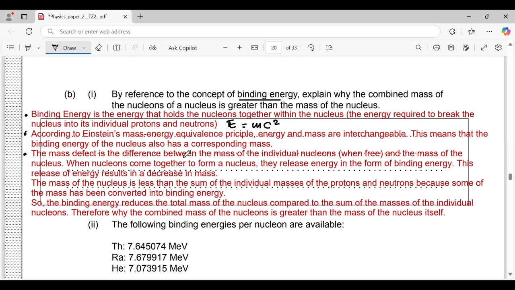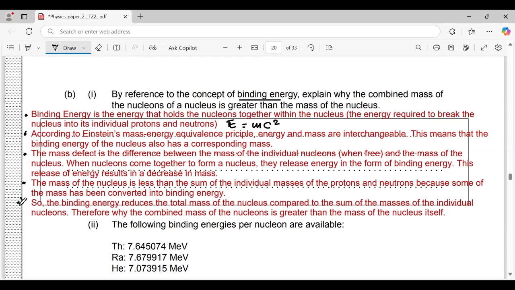When nucleons come together to form a nucleus, they release energy in the form of binding energy. This release of energy results in a decrease in mass. And the fourth, the mass of the nucleus is less than the sum of the individual masses of the protons and neutrons because some of the mass has been converted into binding energy.